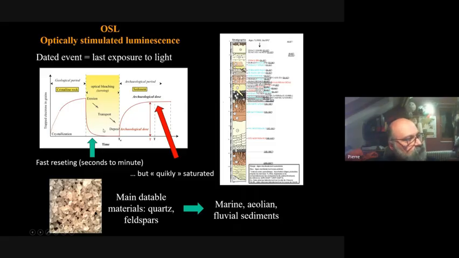You have here the curve. You see that during the geological history of our minerals, the amount of trapped electrons increases and increases. And during the phase of erosion, transport, and deposition of the quartz grain or the feldspar grain, all the trapped electrons are quickly released.